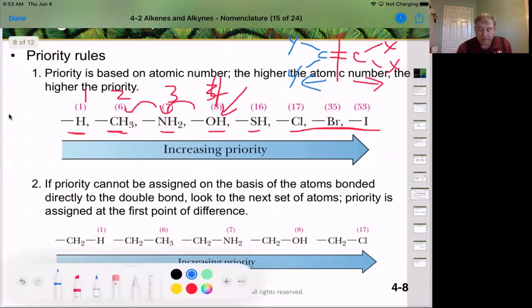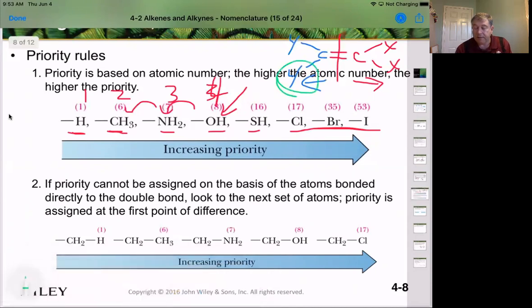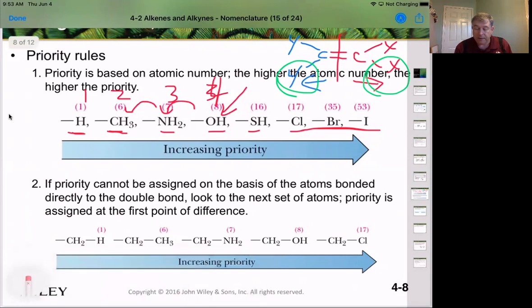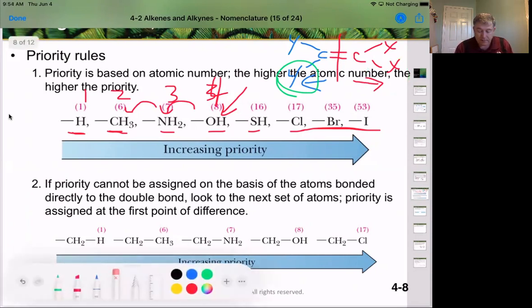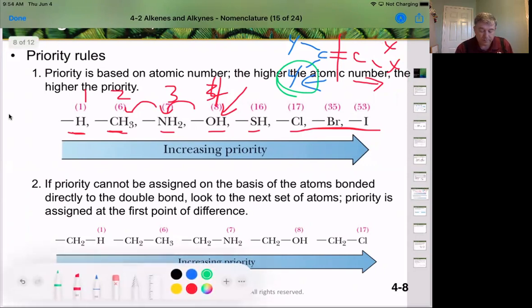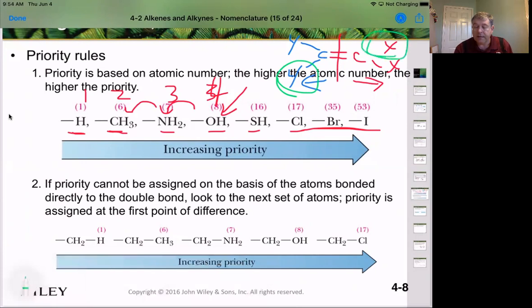And if this group and this group are the highest priority, they're on the same side, they're Z, okay? But if that group and this other group over here are the highest priority based on this midline here, then they're on opposite sides and they become E, okay?